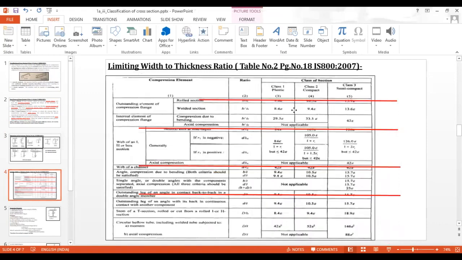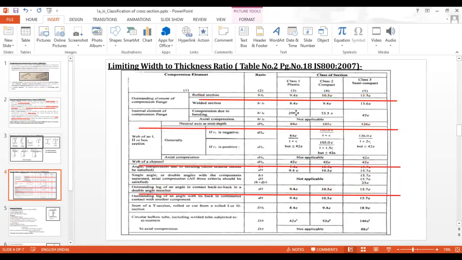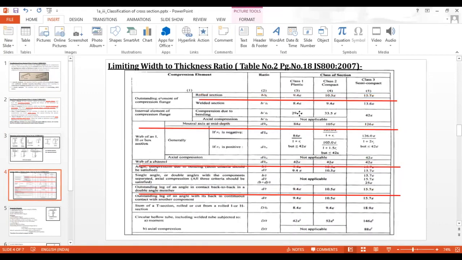Then for the channel section, if you observe the D upon TW, the ratio is taken as 42, and the 42 ratio is followed throughout the section.